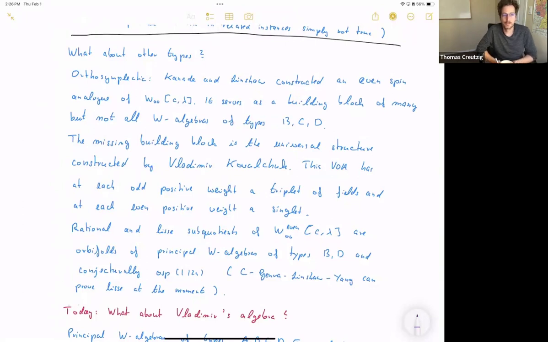The conjecture would be that first of all, the same type of conjecture as for type A holds, in the sense that every W algebra of orthosymplectic type can be built out of a bunch of copies of the even one parameter subquotients of even spin W infinity together with a bunch of copies of one parameter subquotients of the algebra that Vladimir has constructed.